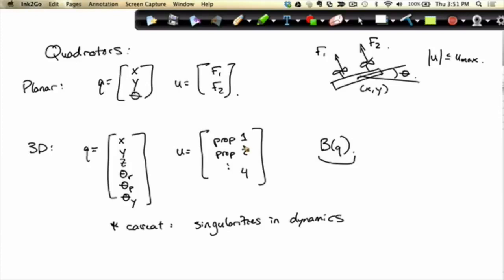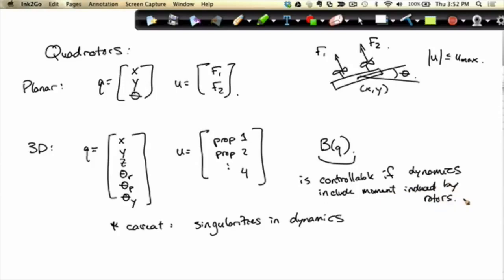Otherwise, it's not controllable in all 6 degrees of freedom, but it is controllable if the dynamics include the moment induced by the rotors. Okay. And now we've got a 6-dimensional system.